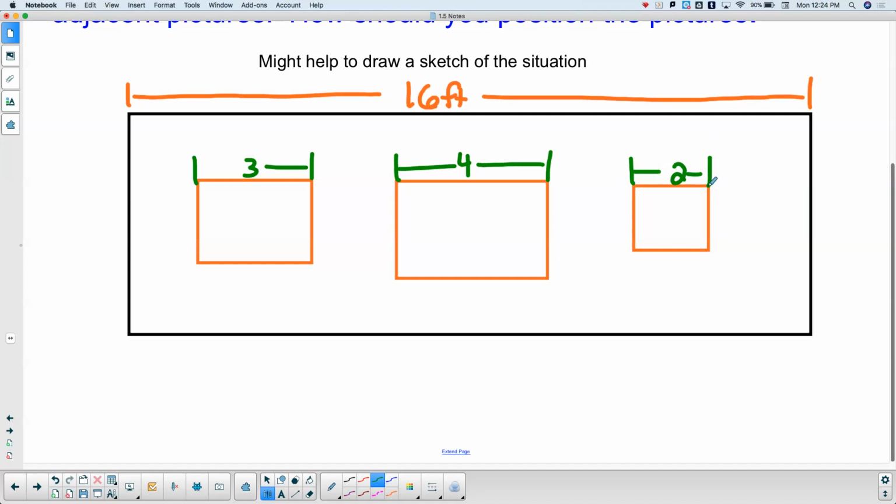So how much of the wall space has already been taken up? 9 feet. Okay, so I only have 7 feet to go. Then it said that they want the space between the pictures to be the same.